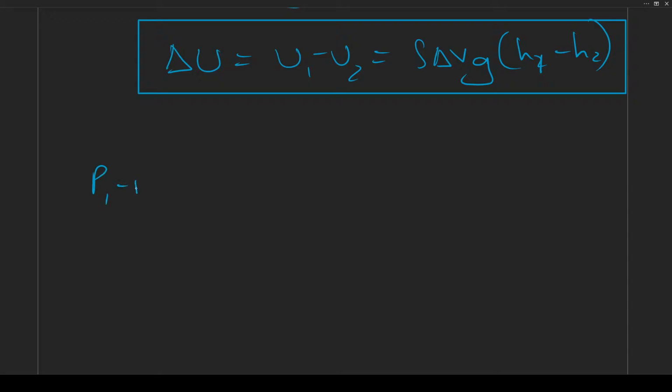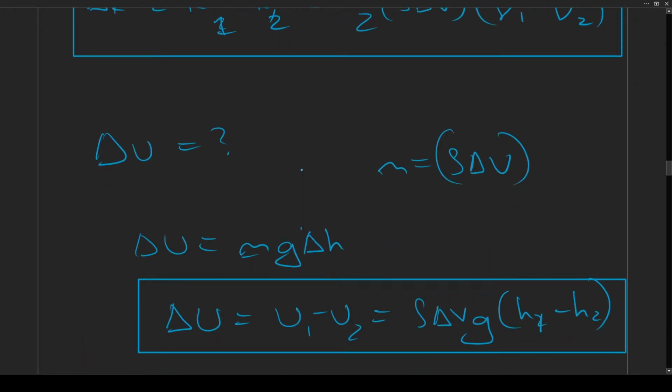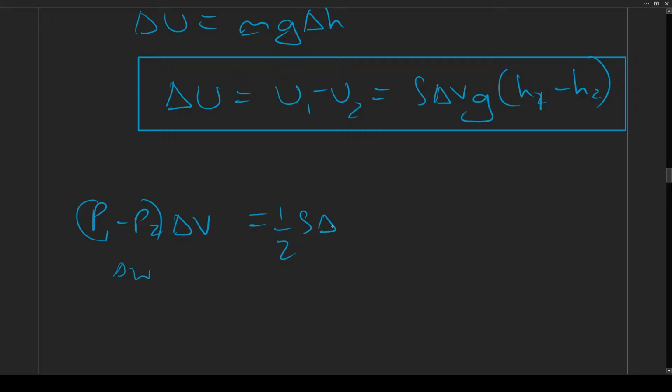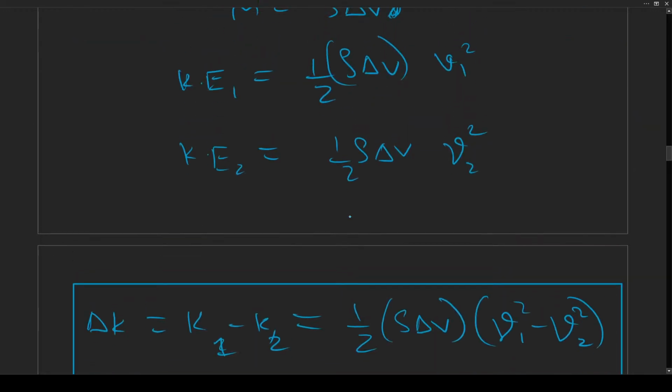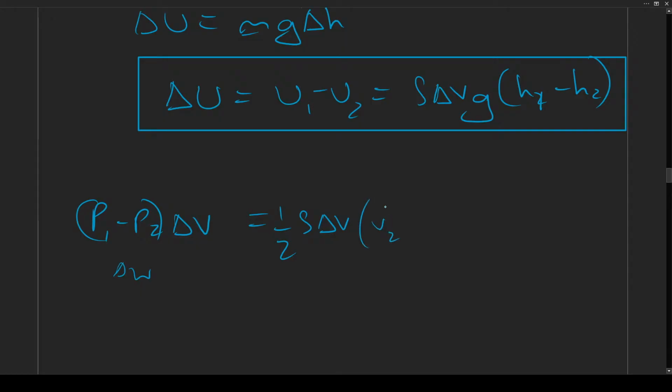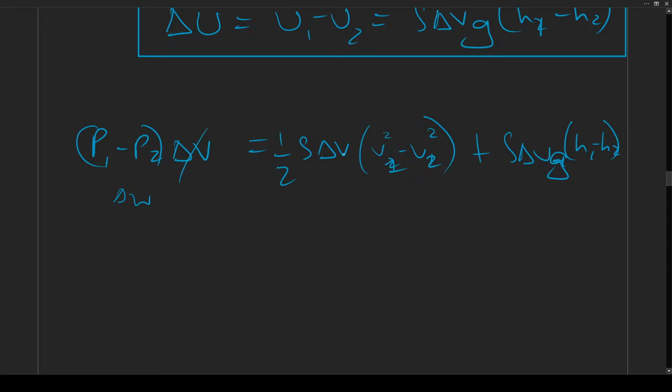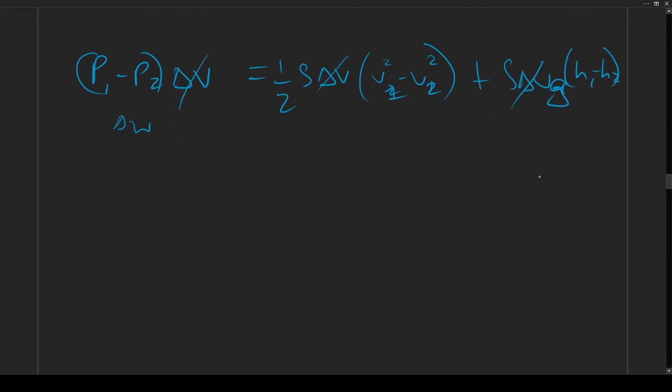So P1 minus P2 delta V, the work done, is equal to the kinetic energy formula, half rho delta V times V2 square minus V1 square, or V1 square minus V2 square, plus rho delta V g H1 minus H2. Now the common factor delta V cancels.